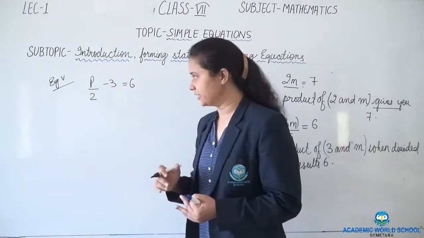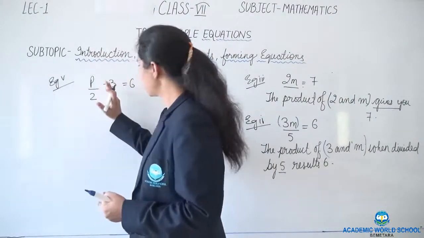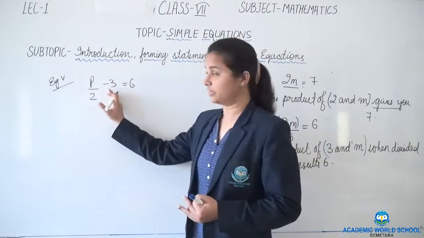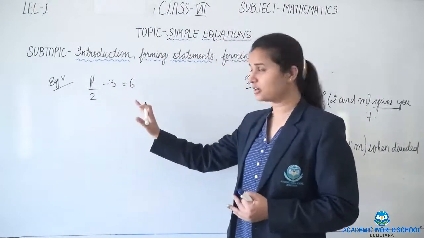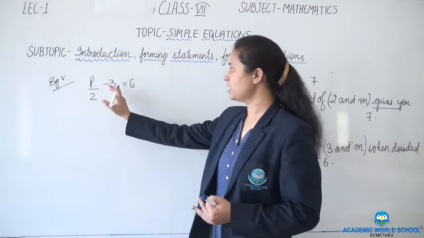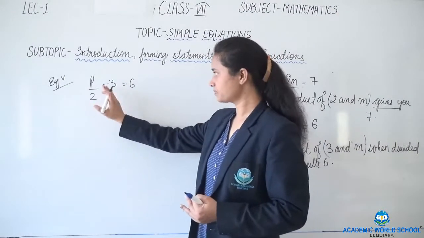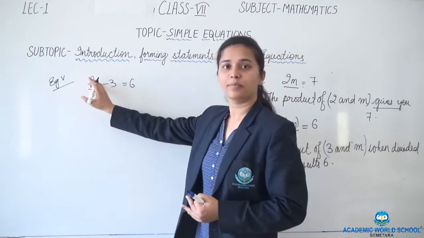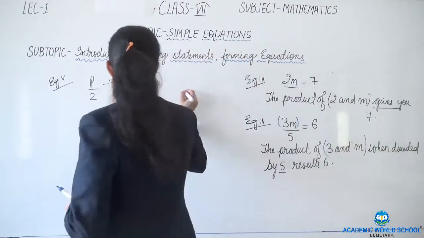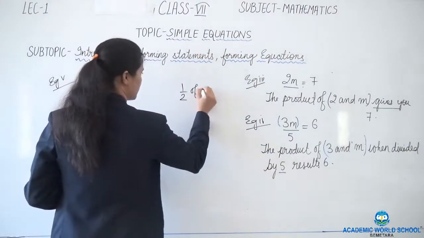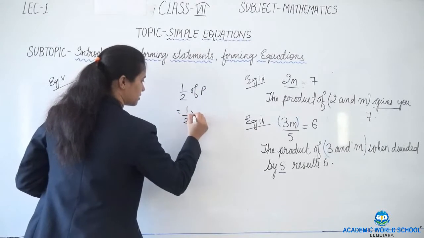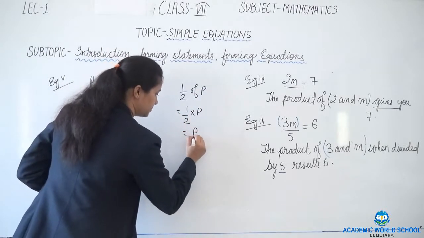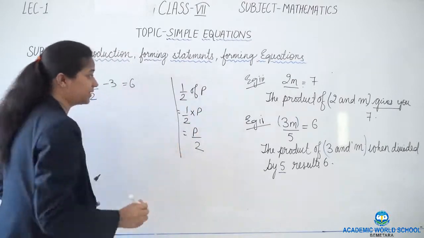So how will I write? When 3 is subtracted from p upon 2, when 3 is subtracted from half of p. Half of p means p upon 2. Keep it in mind.